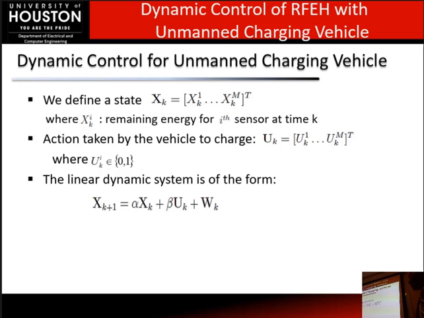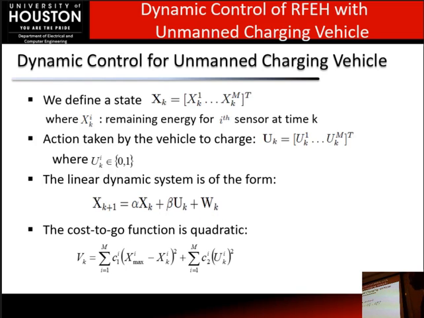And our dynamic system is of this form. The next state, xk plus 1, is equal to the current state times a discharge factor, that is the discharge factor of the supercapacitor, plus the action to be taken, charge or no charge, times the charge efficiency factor when we charge the supercapacitor, and wk is just random noise, or the energy used for processing and transmitting information.